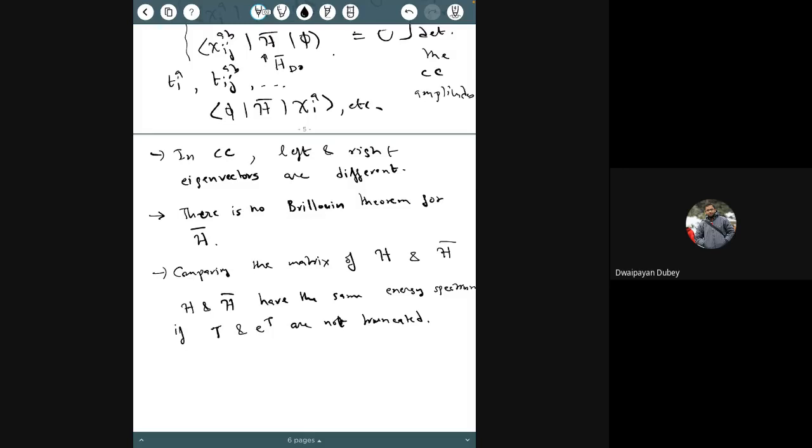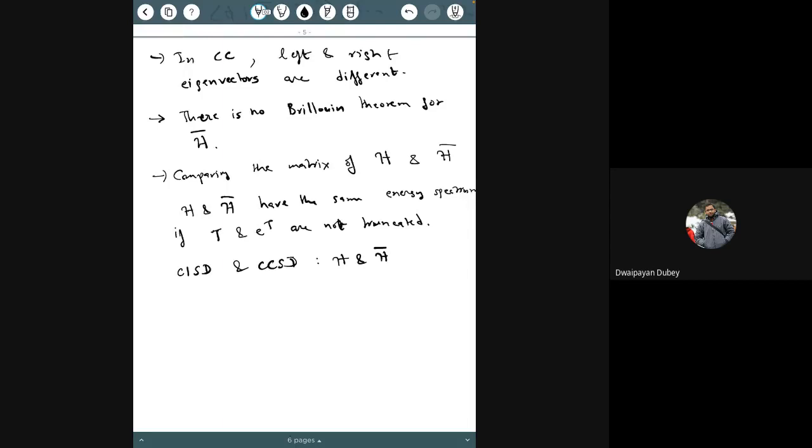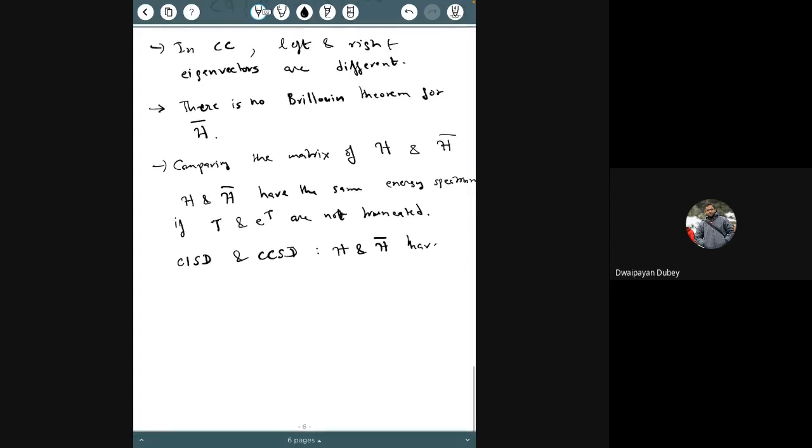If I compare, on the other hand, a CISD and a CCSD, then H and H bar have fundamentally different matrices.